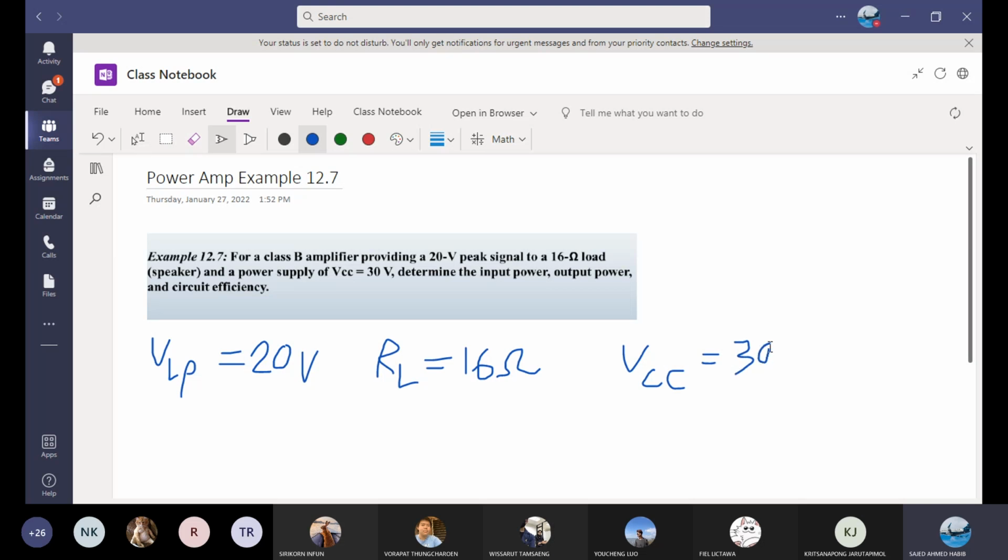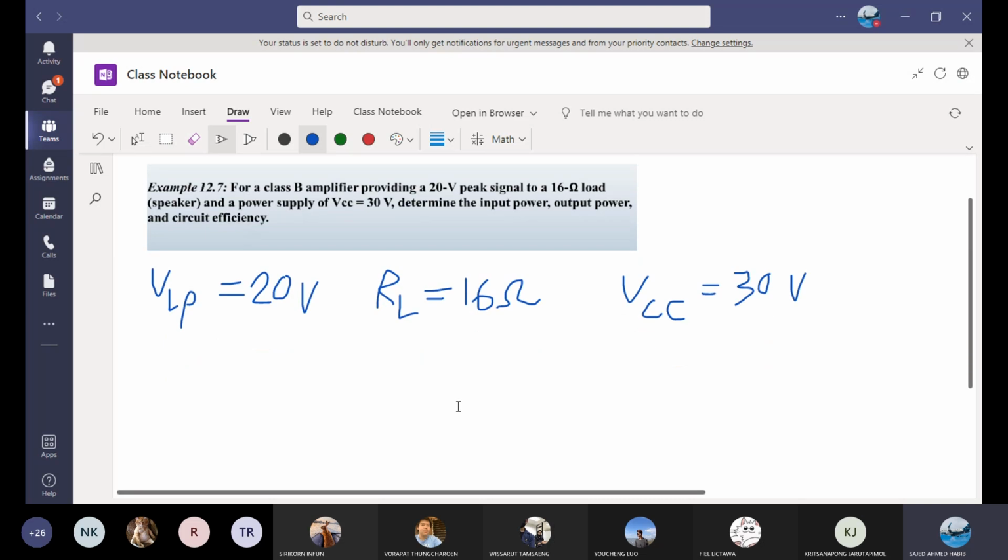Let's start with determining the input power. What is the equation for input power, Balang? PDC equals VCC times IDC.